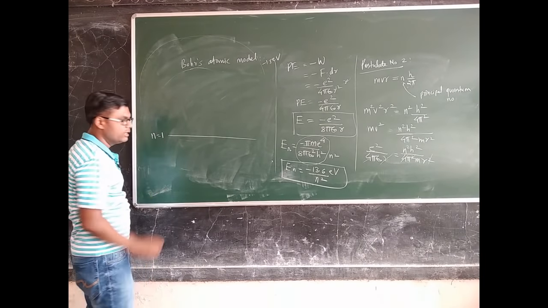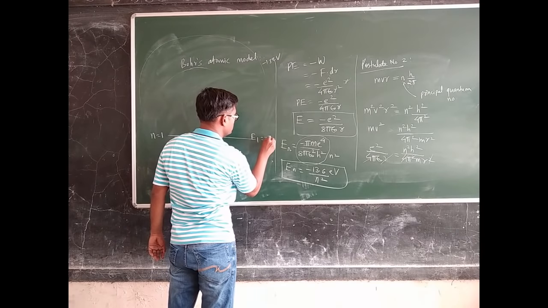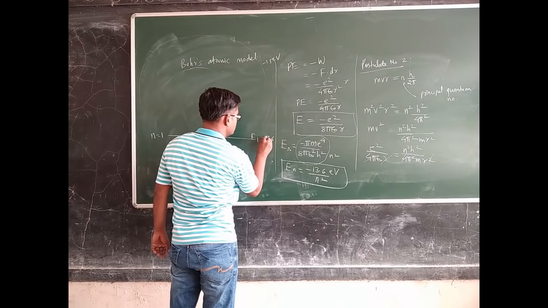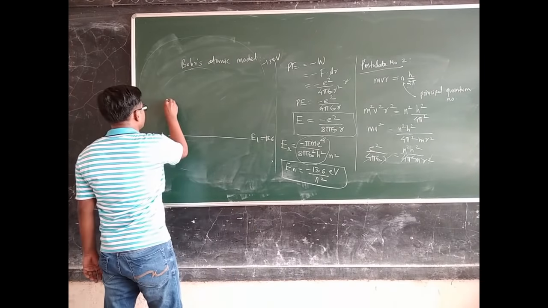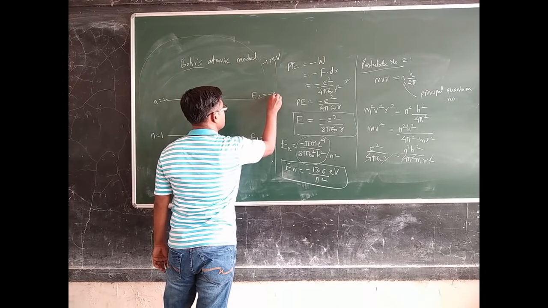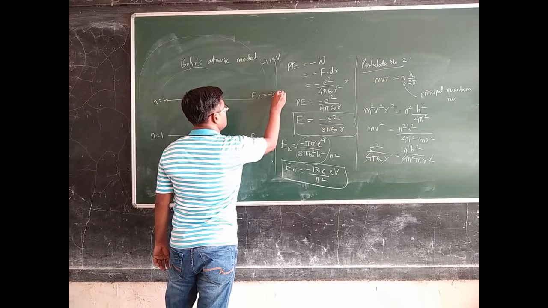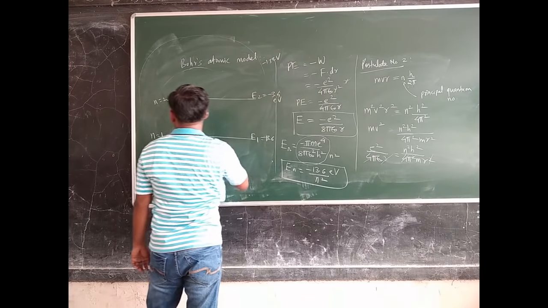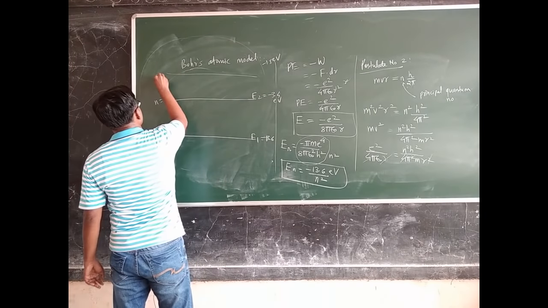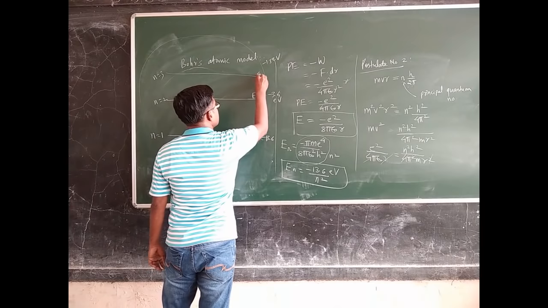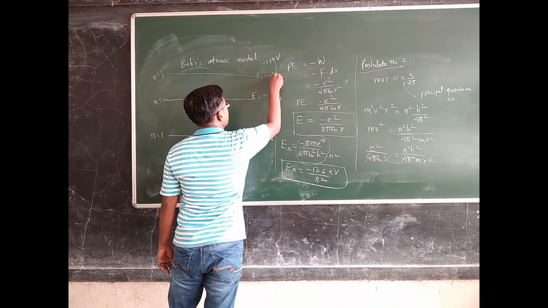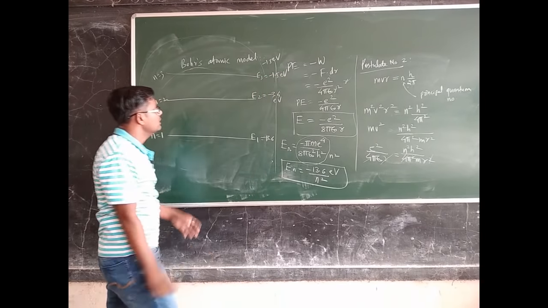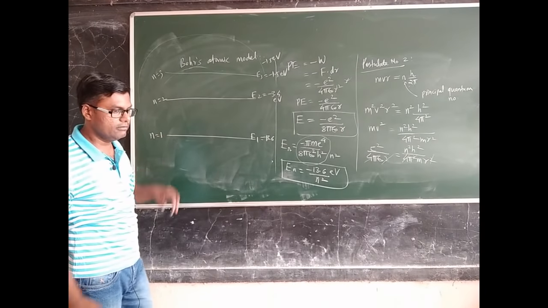So suppose that this is the n equal to 1 level, so it will have energy E1 equal to minus 13.6 electron volt. n equal to 2 will have energy E2 equal to minus 3.4 electron volt, and n equal to 3 will have energy E3 equal to minus 1.5 electron volt. So in this way you can represent various energy levels, right?